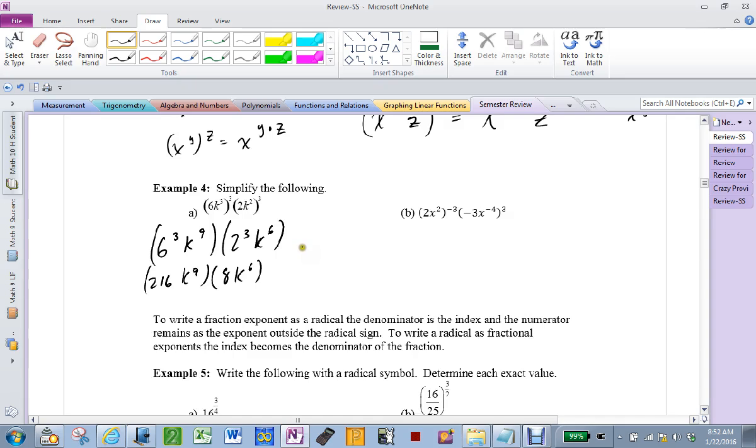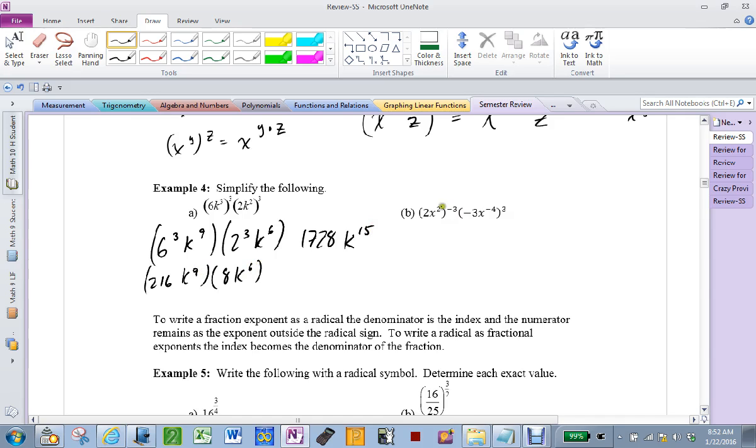She's a little big. What is it? 1,728. 1728 k to the 15, because it is 9 plus 6.